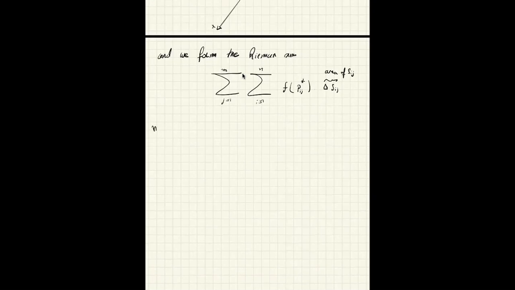So we have seen that the surface of this little surface is approximately given by the scalar product, the dot product r_u, r_v, evaluated at the point P_ij times delta u, delta v. Okay?